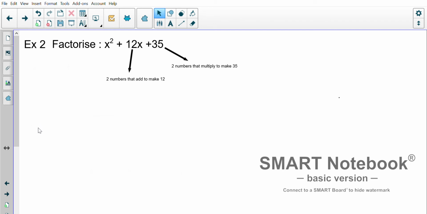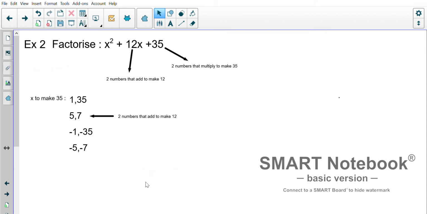So let's list all the numbers first of all that, when we multiply them together, make 35. We've got obvious ones, 1 times 35 and so on, 5 times 7. Again, we're not going to forget the negative ones. We'll be looking at negative numbers later on. So we need to pick a pair of numbers there which also add to make 12. Of course, the only obvious one there is 5 and 7.